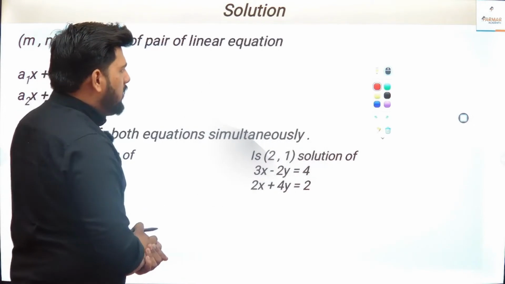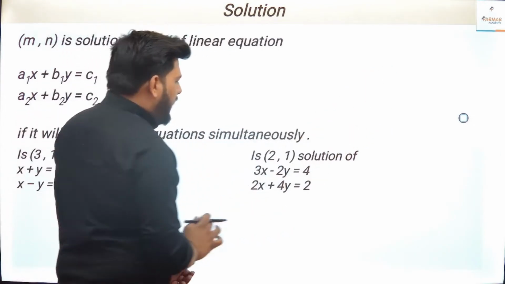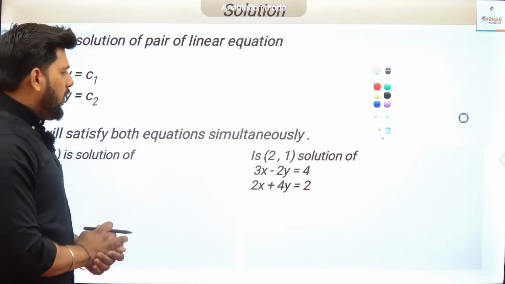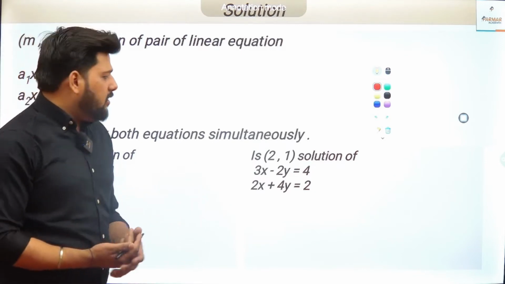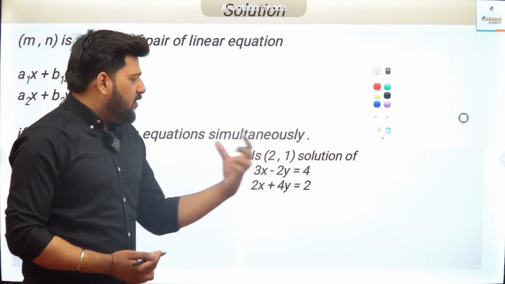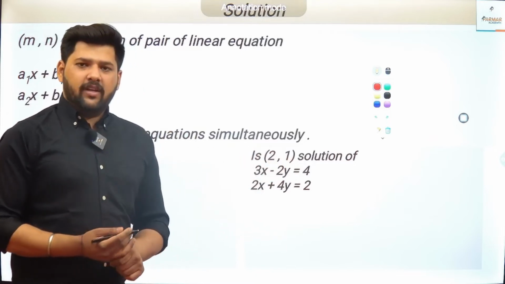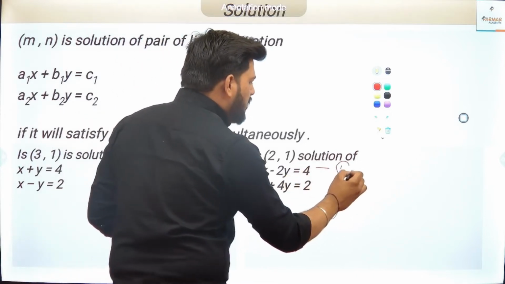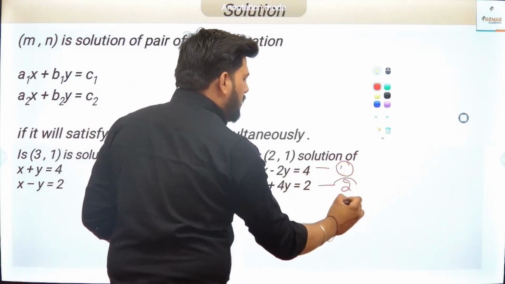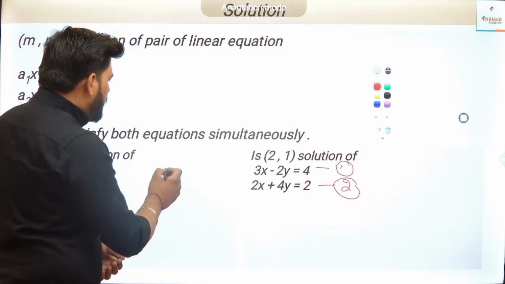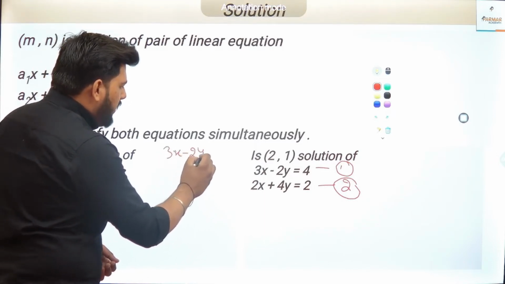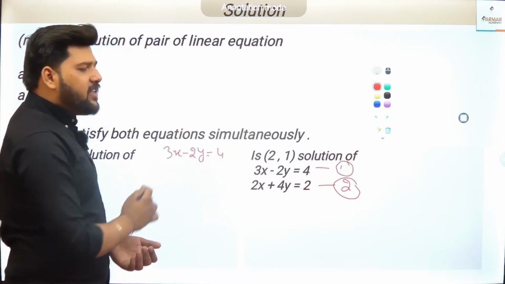Is (2, 1) solution of 3x minus 2y is equal to 4 and 2x plus 4y is equal to 2? Again, the one example is here. We have to check that is this given point solution of pair of linear equation in two variable, yes or no. So again we will try for both the equations. This is equation number 1 and this is equation number 2. Let's for first equation, 3x minus 2y equal to 4 and the point is (2, 1).